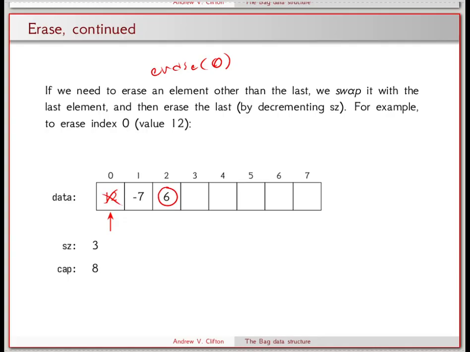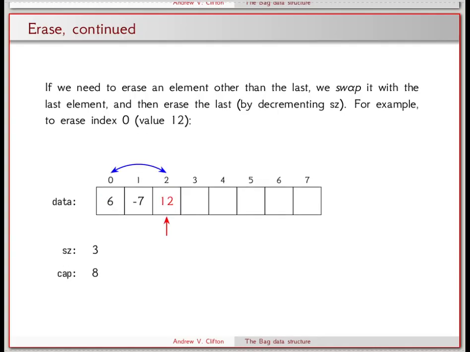So we go from having 12, -7, 6 to having 6, -7, 12, right? We did a swap here. So now the 12 is at the end, and that's the easy one to erase. We just decrement the size, and now it's, quote unquote, gone.